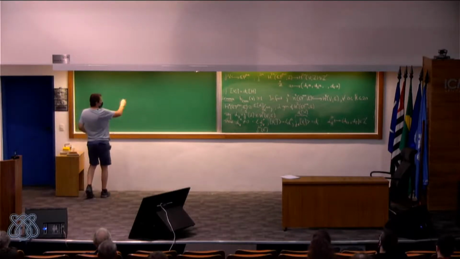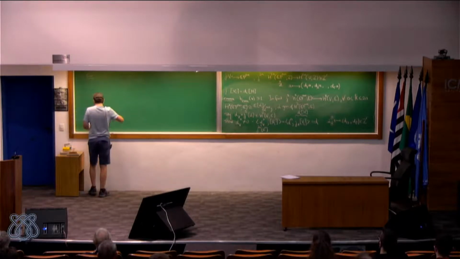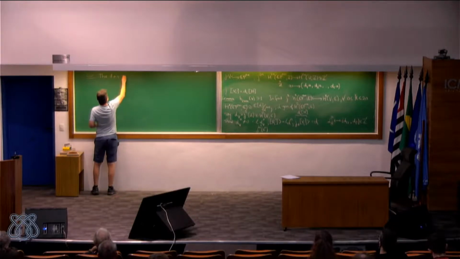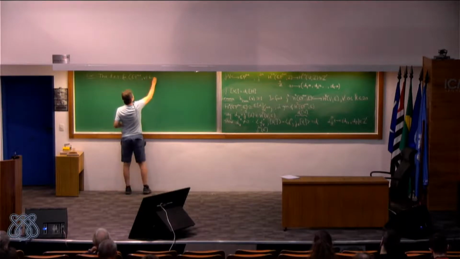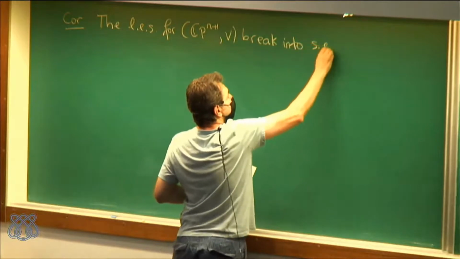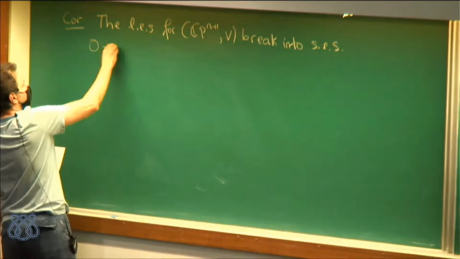All right, so a quick corollary of this lemma is that the long exact sequences in cohomology for the pair (CP^(m+1), V) break into short exact sequences. I'm not saying anything out of the ordinary here.